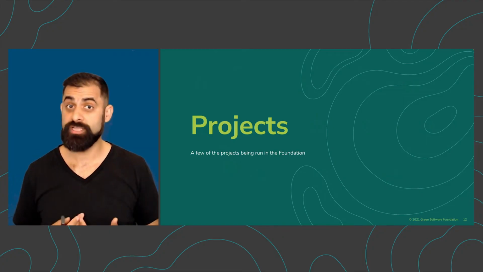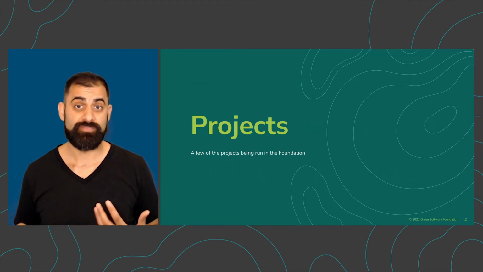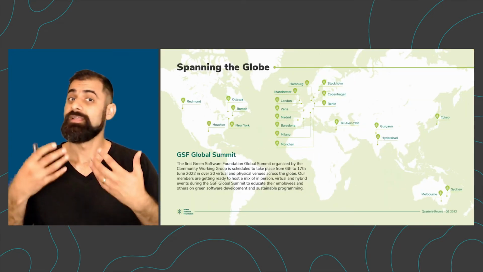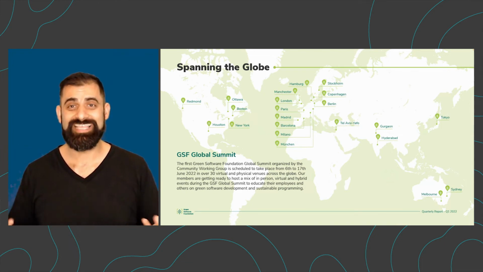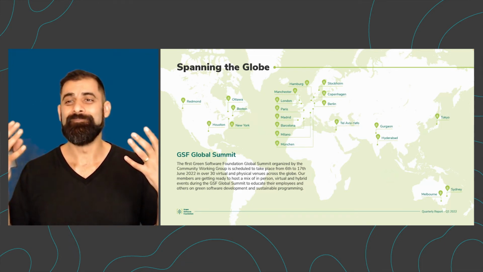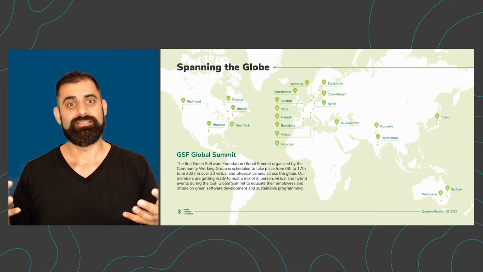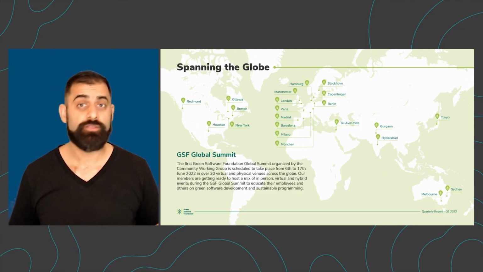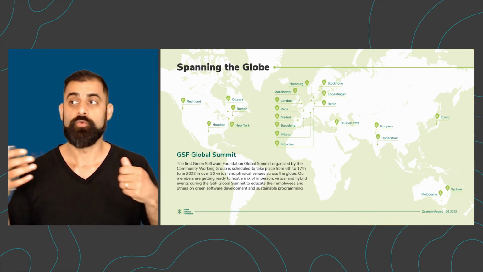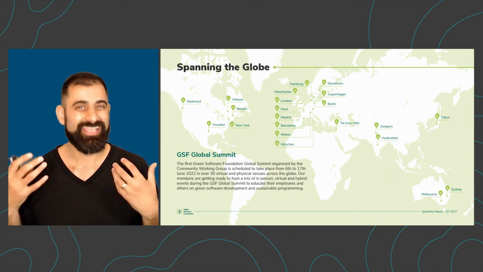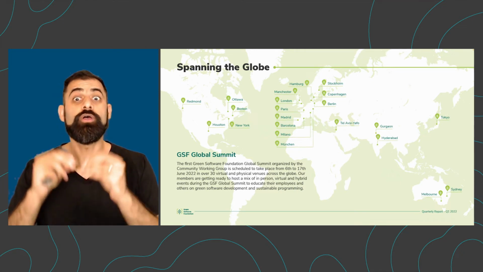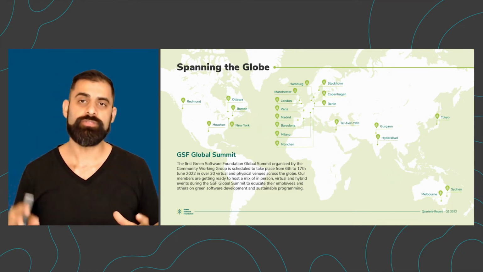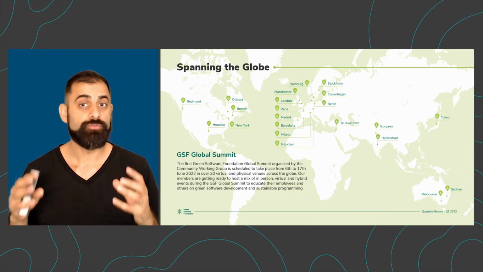Some of our projects that are being run in the foundation are, well, this global summit. So we're running a global summit. You're probably watching this inside a global summit. This is spanning the globe. It's running in over 20 locations around the world, physical locations, people meeting up. We have a shared interest in green software, connecting and really becoming the seed for what we will become, a global network of meetup groups, of local user groups.